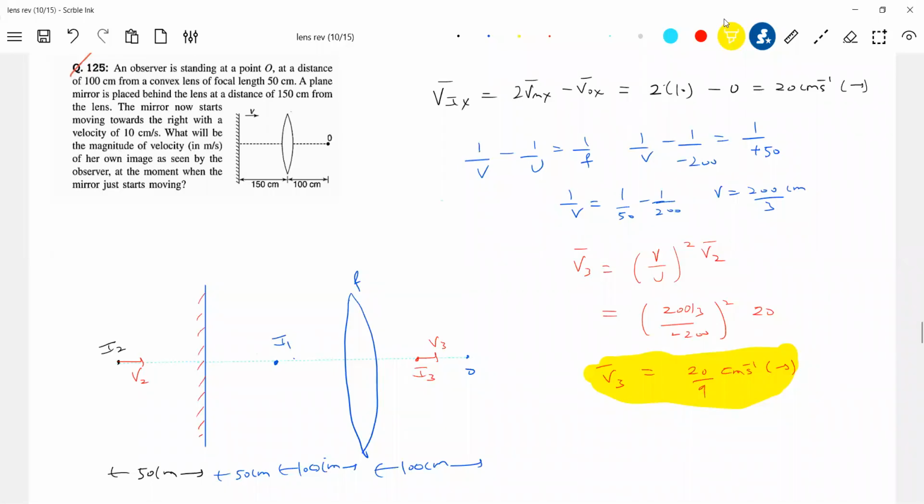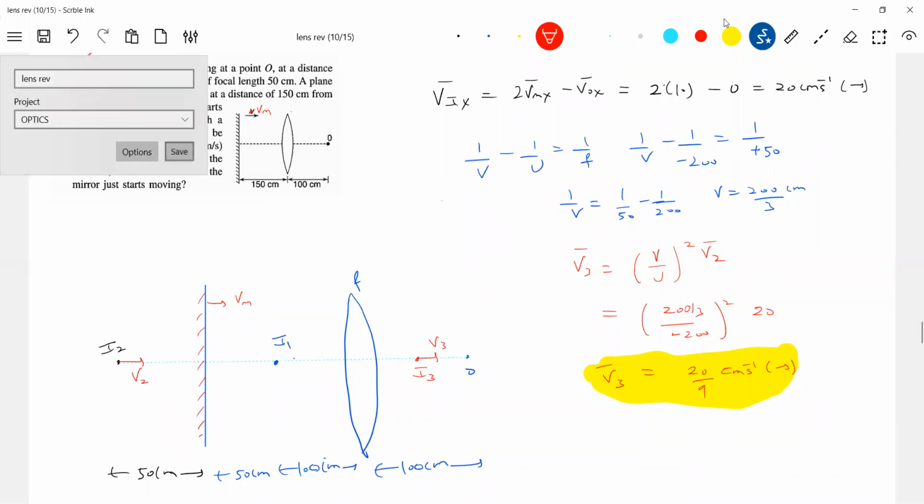The image I1 will be moving, the object, the lens is moving again, so again you have to make changes. So you do get questions of velocity, Vm. I'll write it. I'll go for the next question.